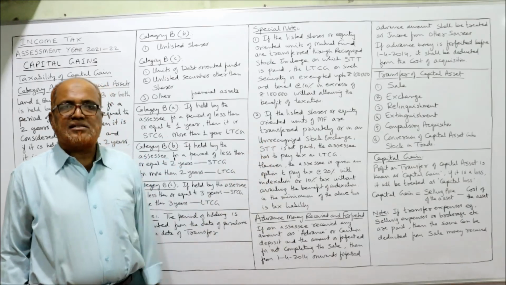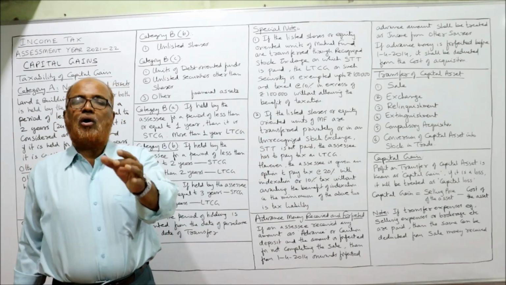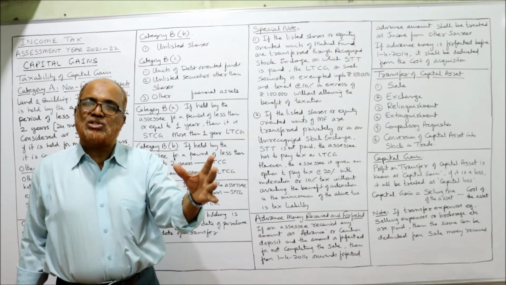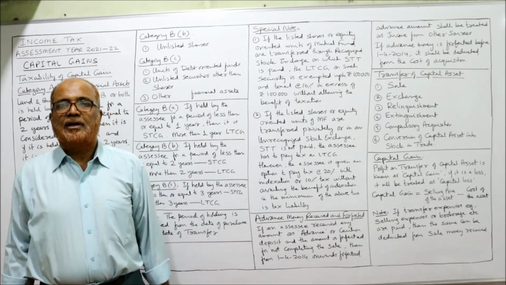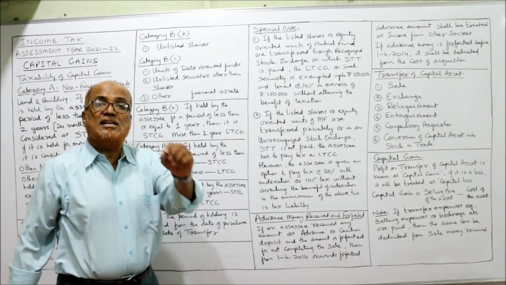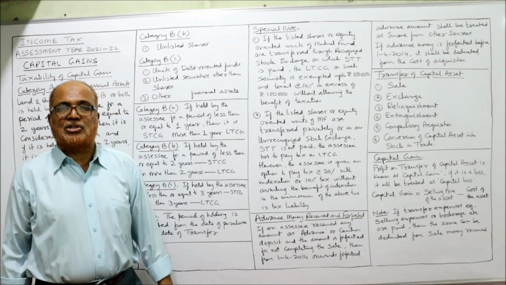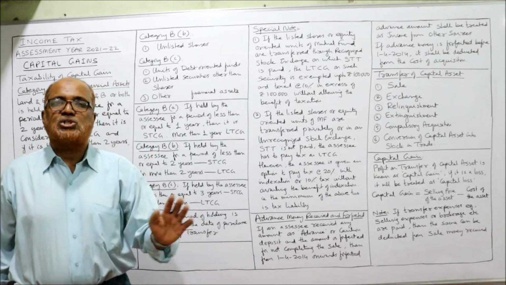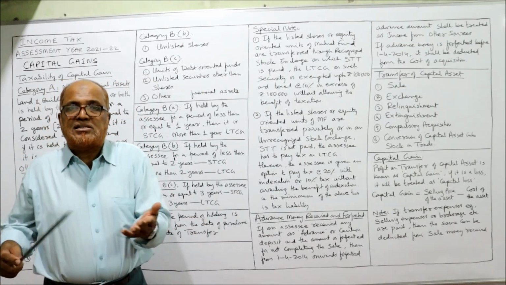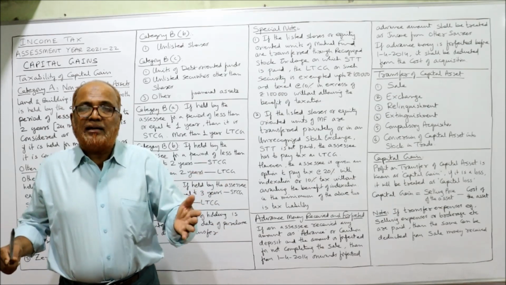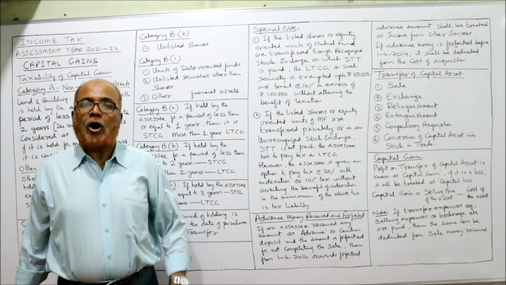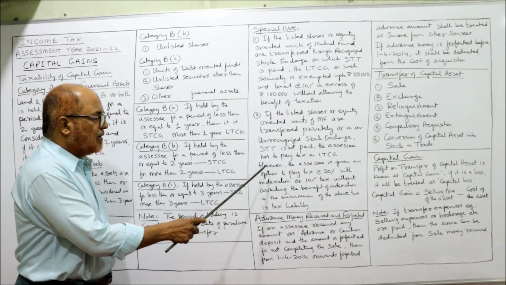So what is the second case? If the shares or equity oriented units of mutual fund are transferred privately or in an unrecognized stock exchange on which STT is not paid, in that case, the assessee is taxed on LTCG. How much is the rate of tax? Here it is given.